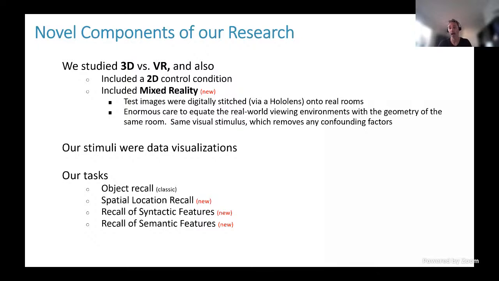We also add this notion of memory palace using data visualization, and our task involved the memory, the object recalls, but also some additional items that have been somehow explored, but nothing with data visualization: the spatial location, the semantic features and the syntactic features, the shape of the visualization.